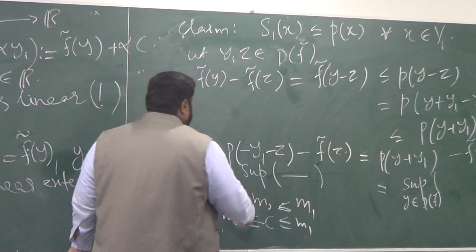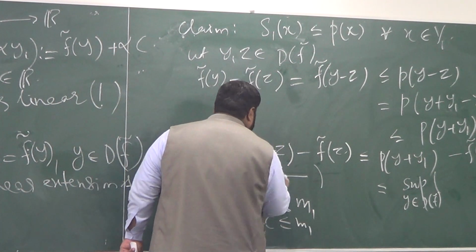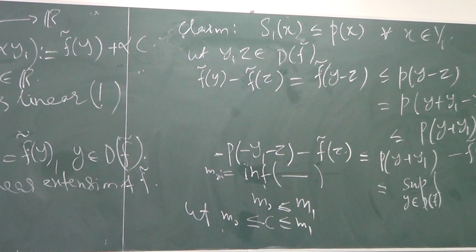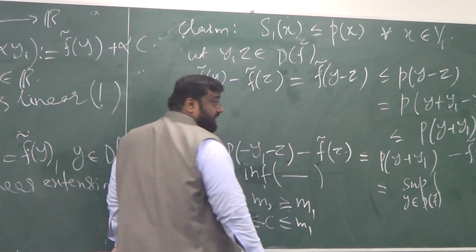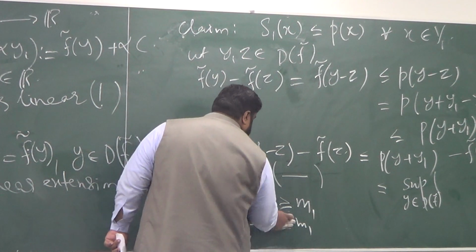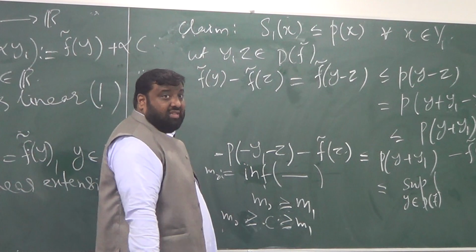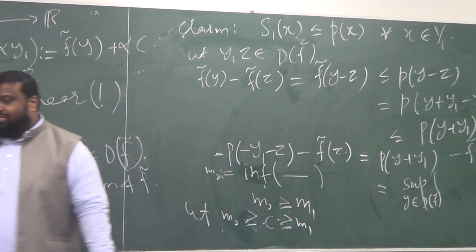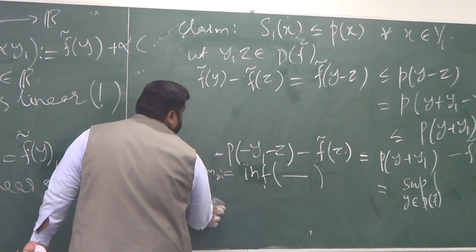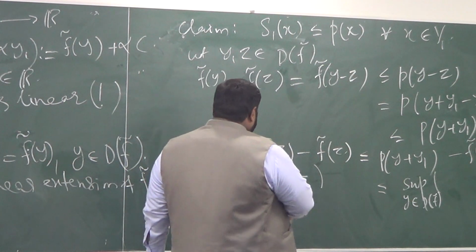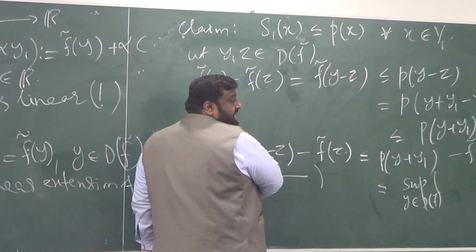I can take supremum on this side, and on the other side one is infimum. Probably you need to take infimum here. M1 is infimum. So what I am saying is that C is bigger than or equal to this infimum, and less than or equal to supremum.